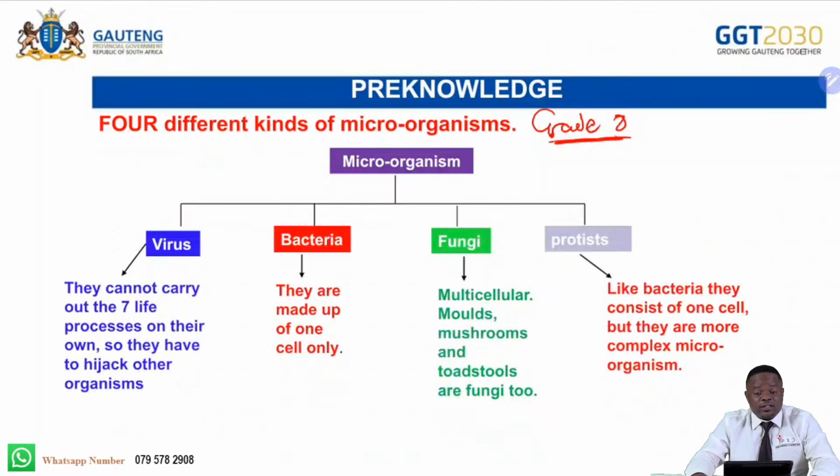So these are the groups of our microorganisms. We said in our previous lesson that microorganisms cause diseases, and the microorganisms that cause them are named pathogens. So now, as much as they may cause disease or illnesses, these microorganisms may find use, as we shall see in today's lesson.